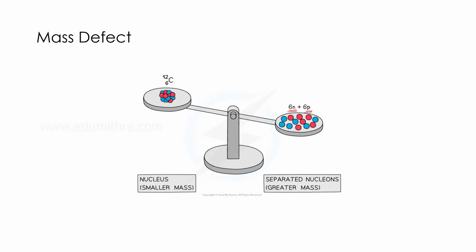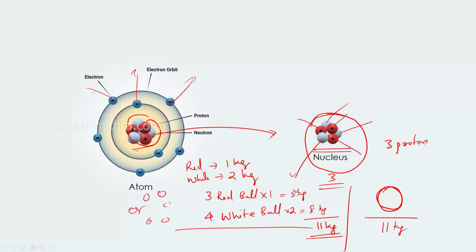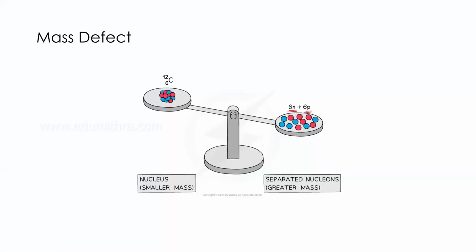You can imagine them as balls. The red balls are there, the blue balls are there, they are separate, and here they are together. Usually the mass should be equal, like with a usual cricket ball, no doubt in that. But if you take the protons and neutrons and make a nucleus out of them, individually, when separated, they are more massive, and when together, they are less in mass.